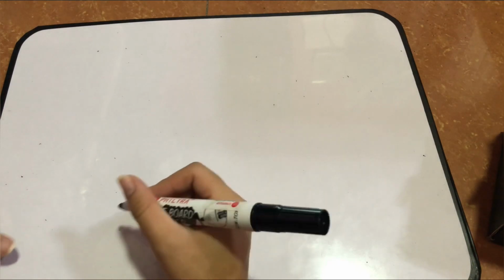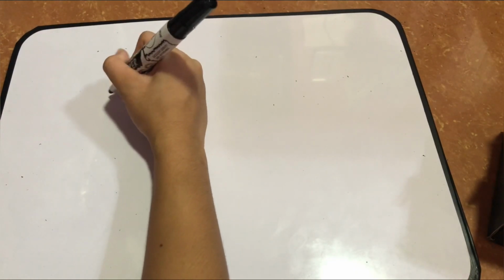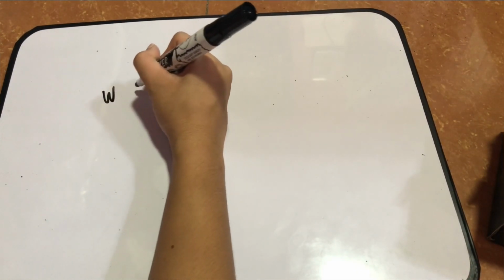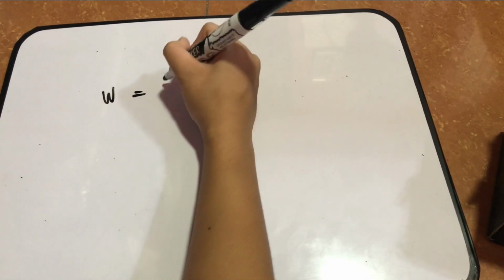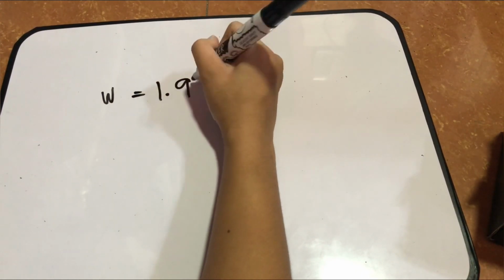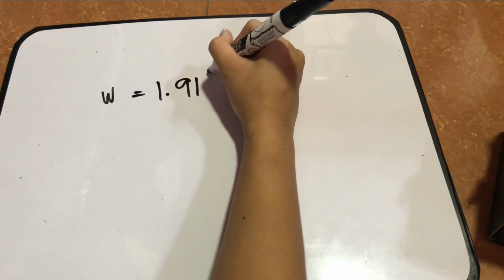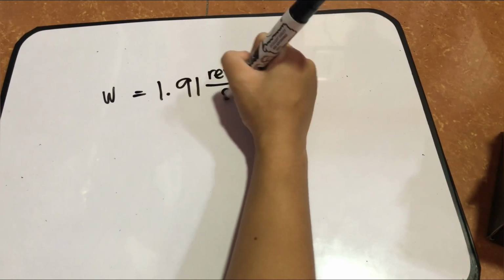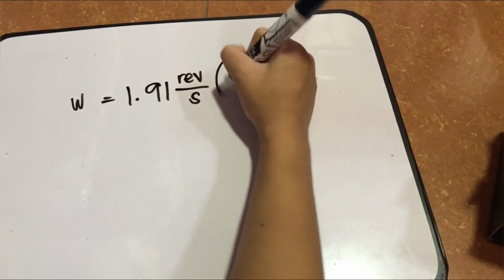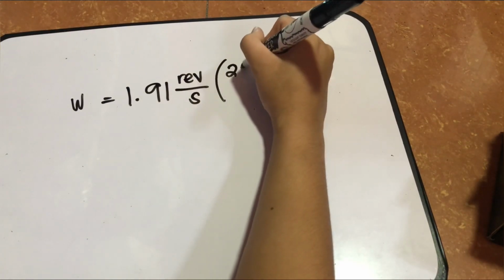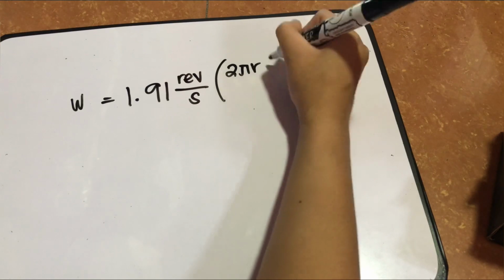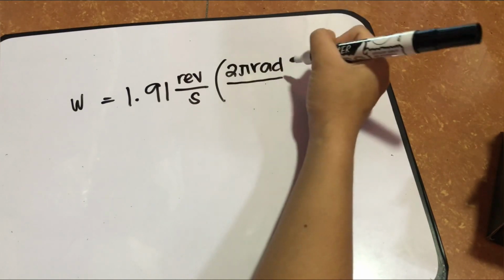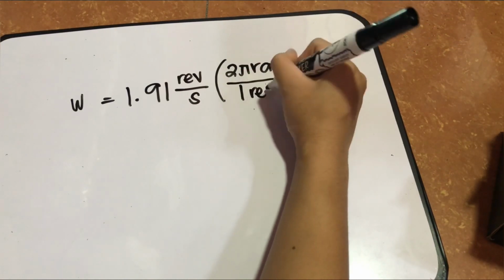The next one is our revolutions per second. We will convert it into radians per second. The formula is omega equals 1.91 revolutions per second times 2 pi rad over 1 revolution.